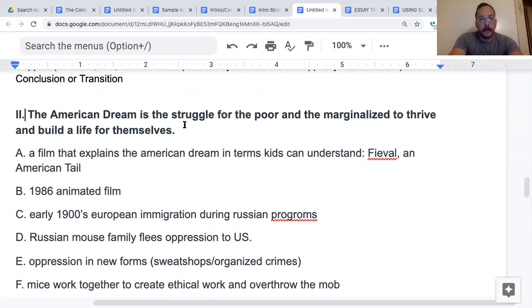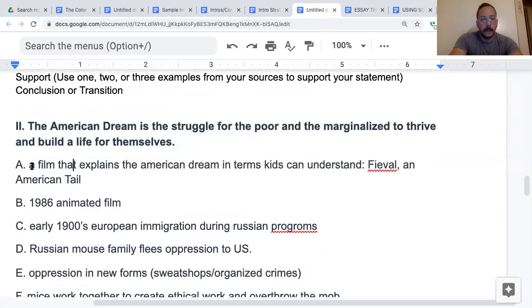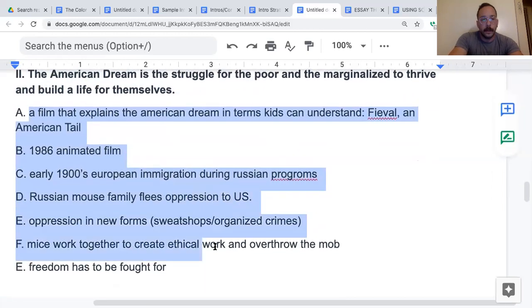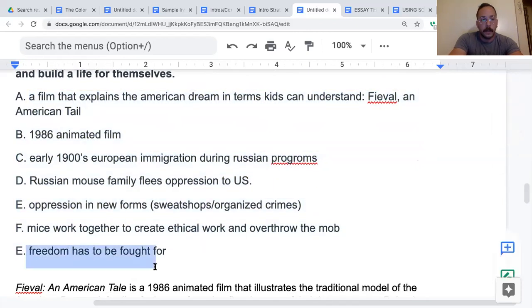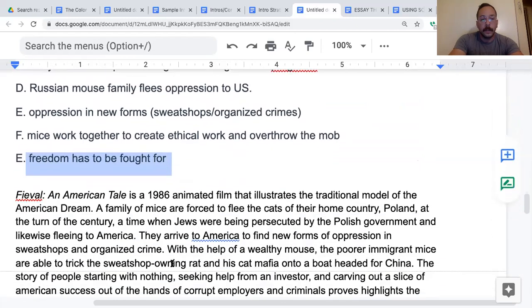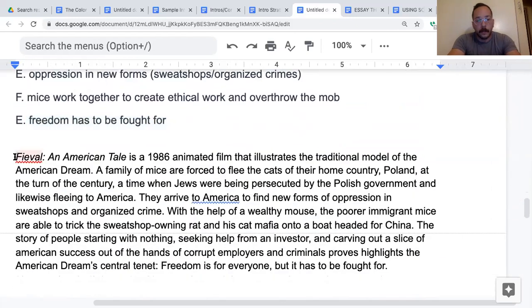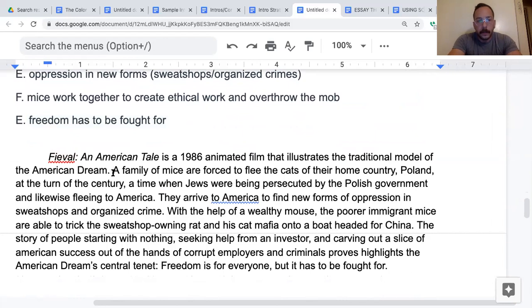So here is my topic sentence, right? Here are all of the points that I need to cover as my supporting example. And here is the conclusion that I'm going to draw, right? So here it all is as a paragraph. Fievel, An American Tail is a 1986 animated film that illustrates the traditional model of the American dream.